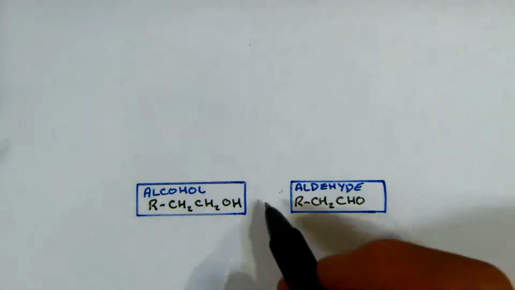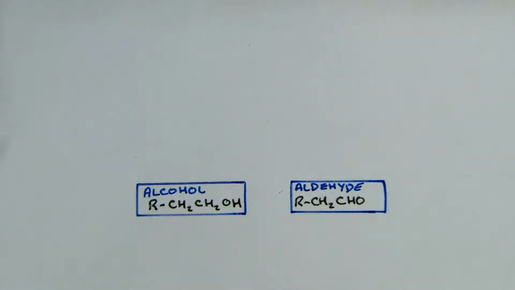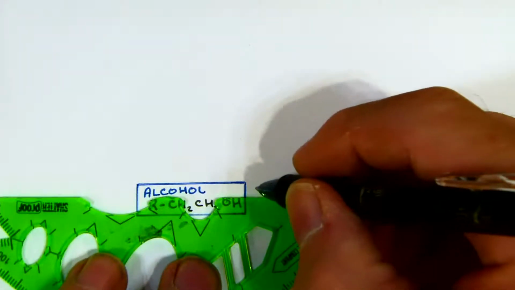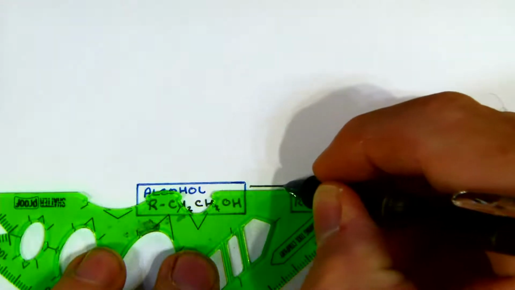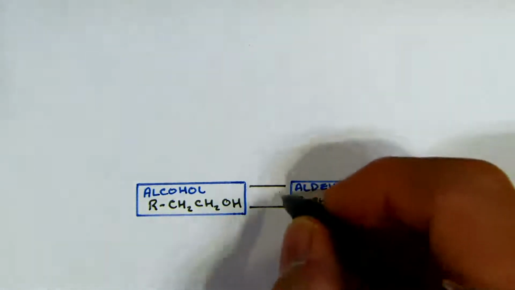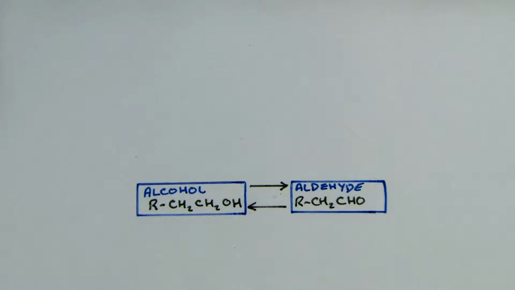Now, how would you make an alcohol into an aldehyde? And that's where we're going to start here, trying to think about how we're going to go in both directions. What we're going to need to go one way and what we're going to need to go the other.